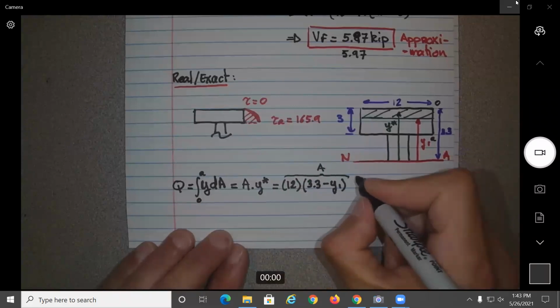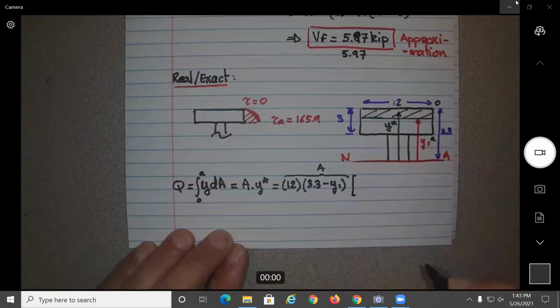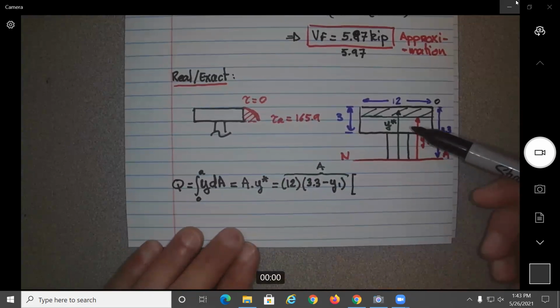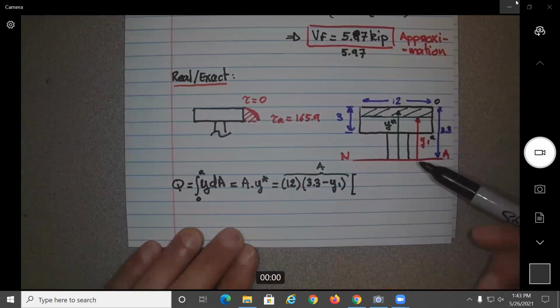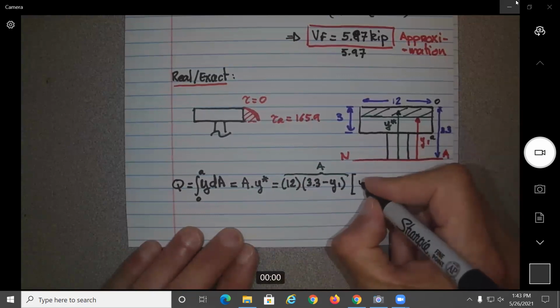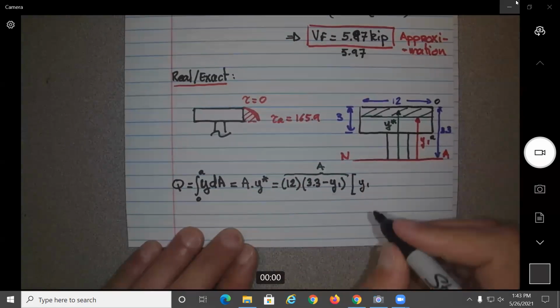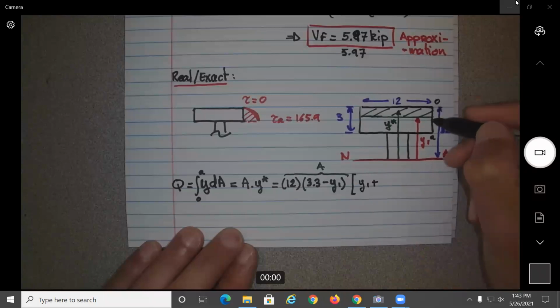And now, that one's a little bit more complicated. Well, not really, but what would be the y star? The y star is the distance from the neutral axis to the middle of the area, so it will be equal to y sub 1 plus half of this one.